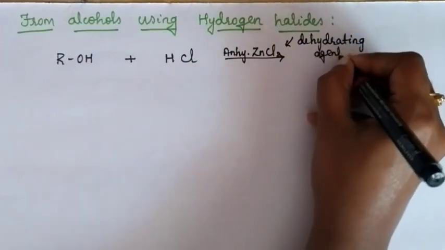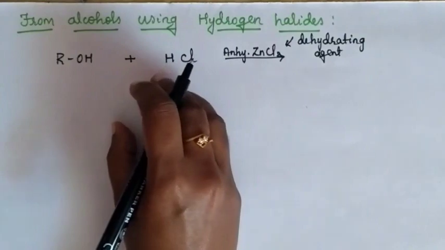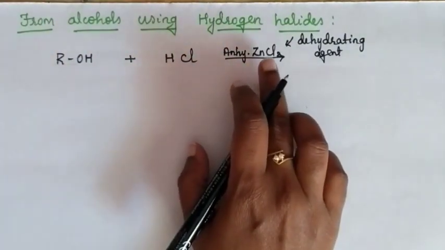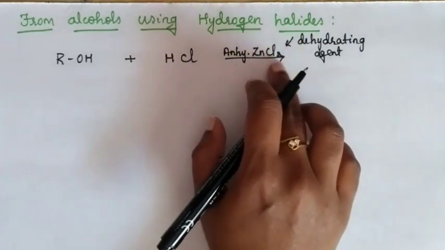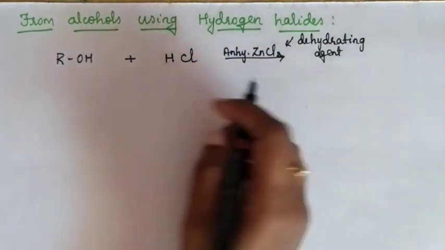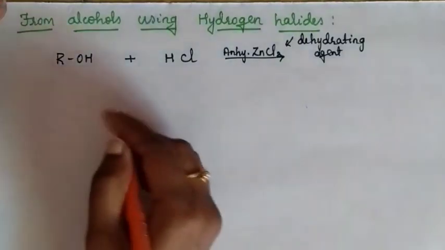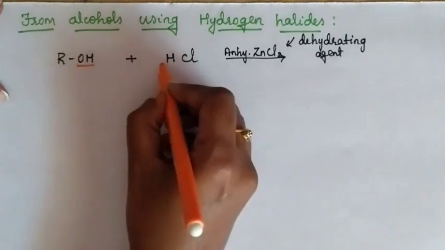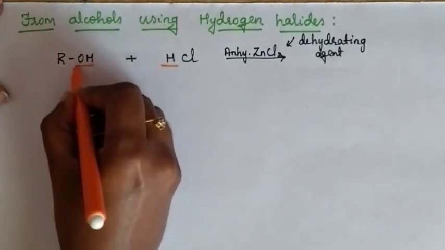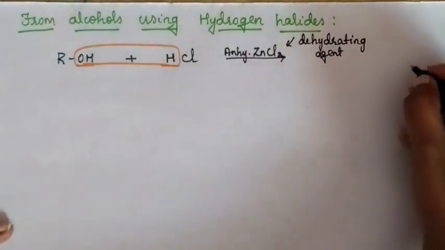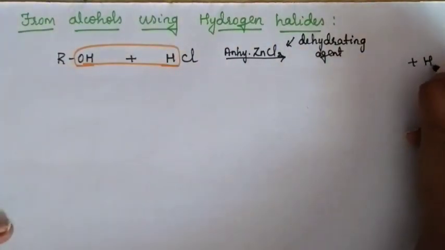It is going to remove the water molecule in this reaction. So ZnCl2 is used as a catalyst and also a dehydrating agent so that you can remove the water molecule. When the reaction takes place, the OH minus from ROH and H plus from HCl will combine and there will be an elimination of a water molecule.